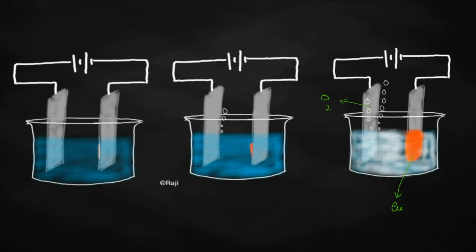Along with this, you will have to remember one more point. What is responsible for the color of copper sulphate solution? Cu2+ ion present in the solution is responsible for the blue color of copper sulphate solution. So, whenever we are electrolyzing copper sulphate solution using a platinum electrode, what is actually happening? Cu2+ ion from the solution is converted into copper metal.